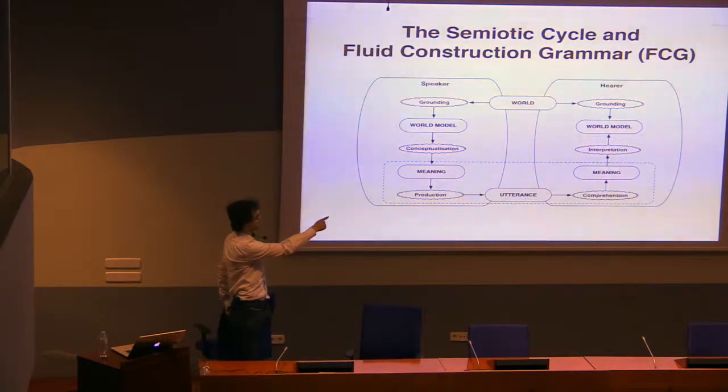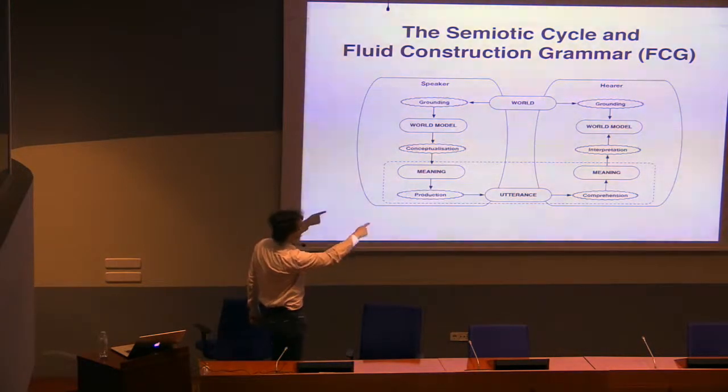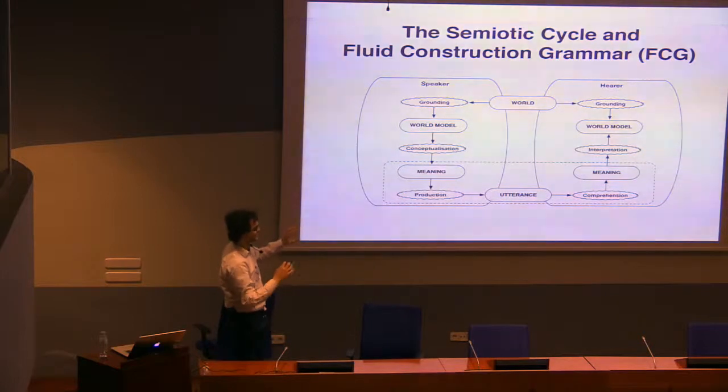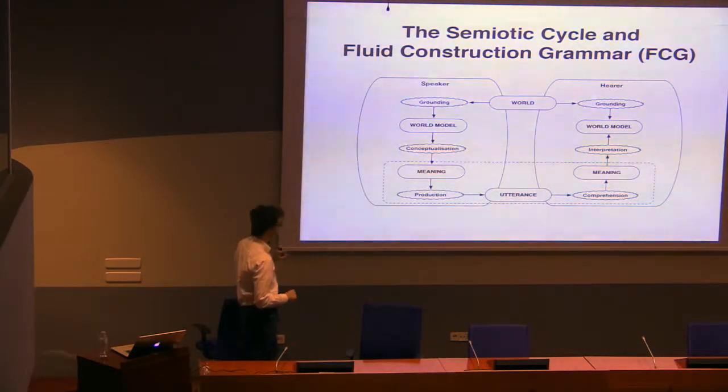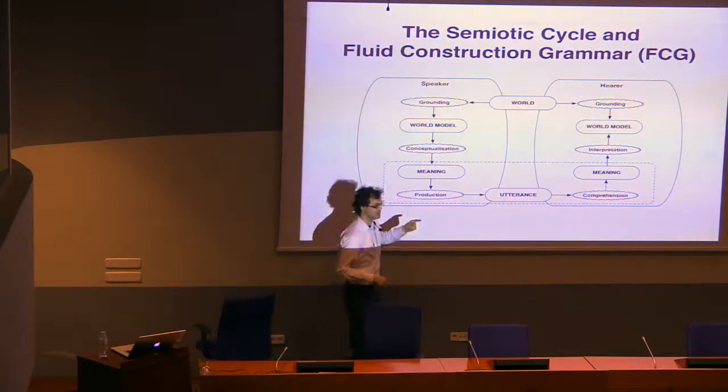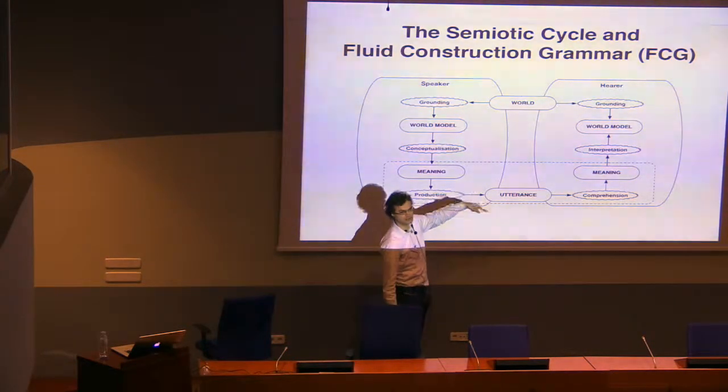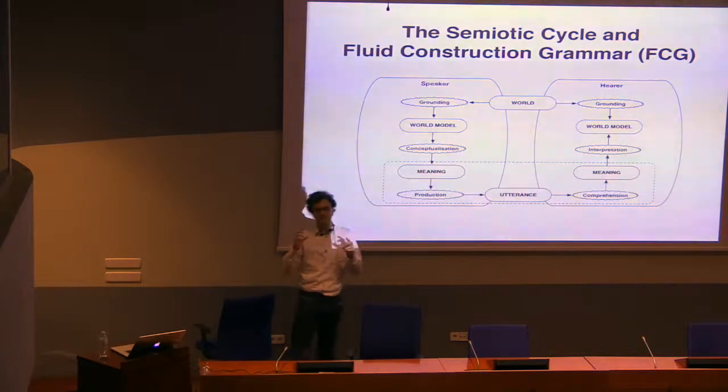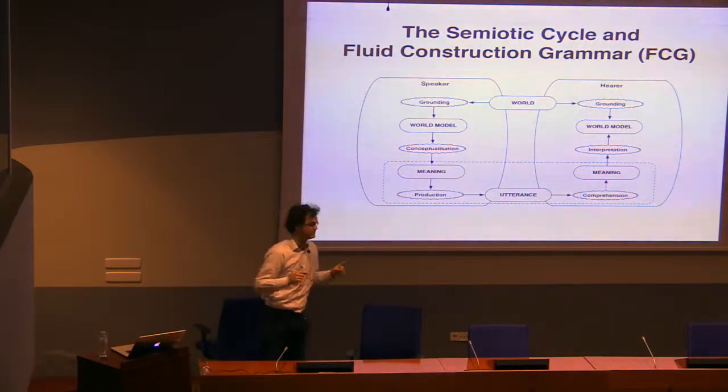Then the hearer goes through a comprehension process to extract this meaning again from the utterance that was conveyed. Once he has reconstructed this meaning, he goes through an interpretation process, linking this meaning to his world model.